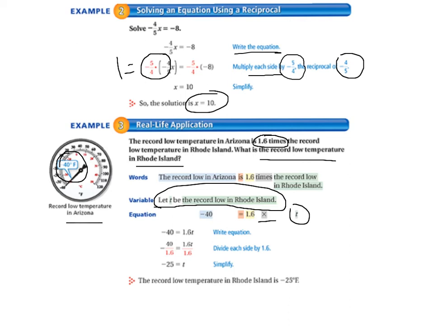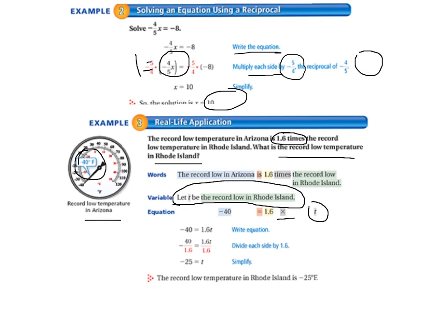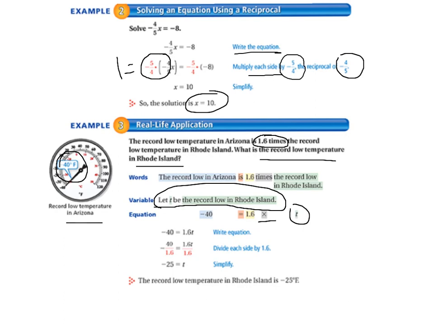So when we put all of this into an equation, we have negative 40 equals 1.6 times T. So if you were to write that out normally, it would look like this. So you would want to divide each side by 1.6.